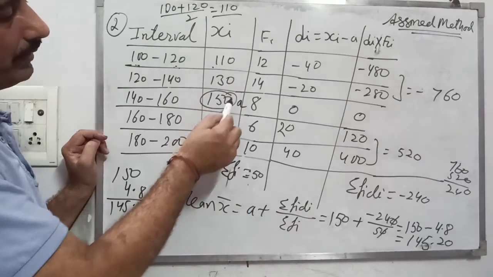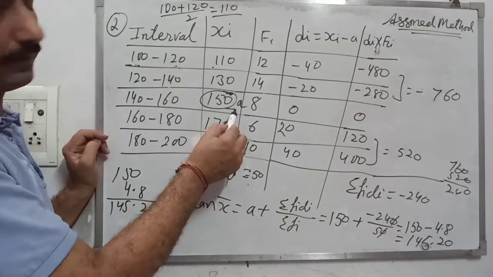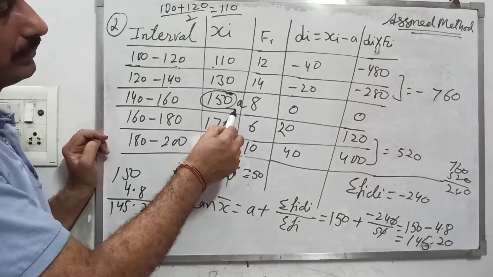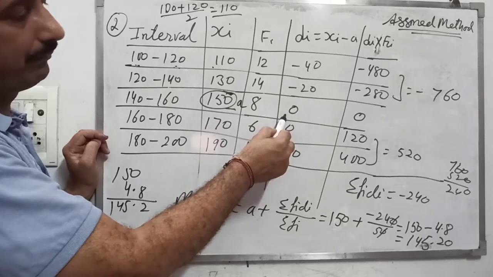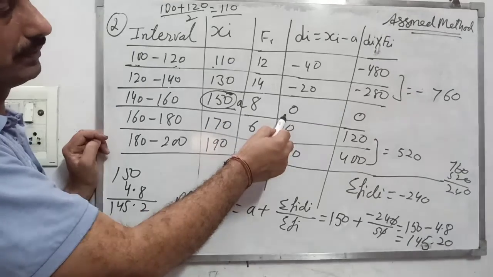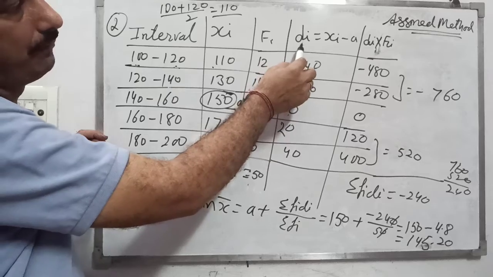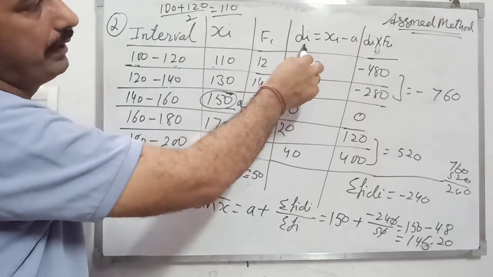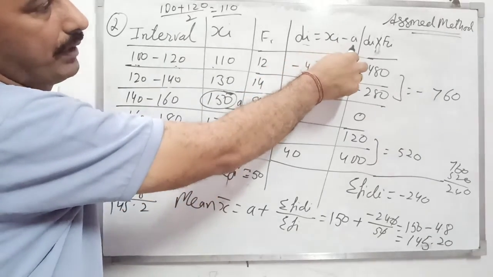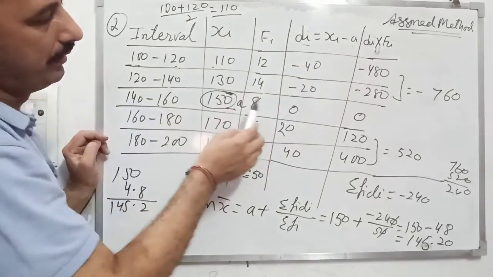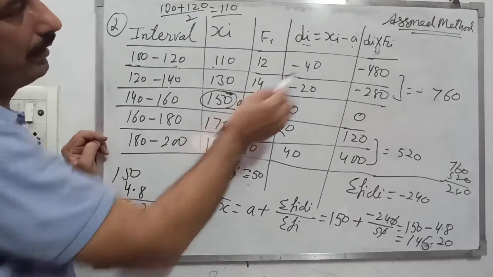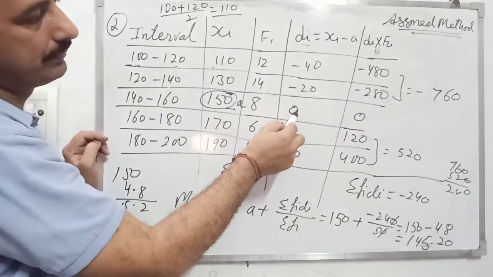Now in the assumed mean method we assume one value, like 150 we can assume. So in front of 150 it becomes 0, because we are using the assumed mean method, di equal to xi minus a. When xi is 150 and a is also 150, the answer becomes 0.